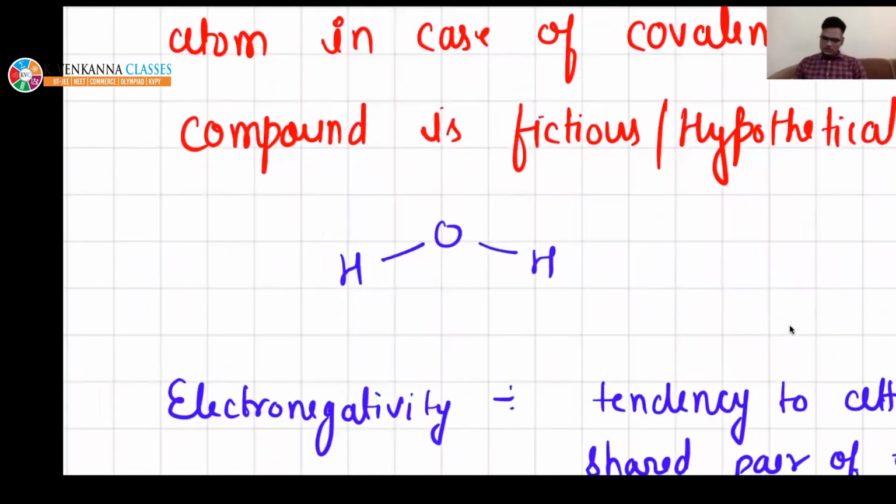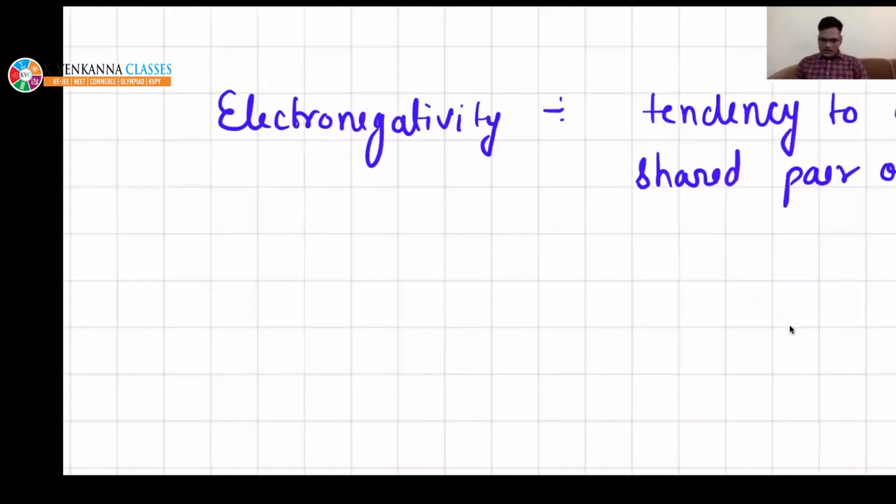In hydrogen, one hydrogen contributes one electron and another hydrogen contributes another electron, and a bond is formed when one electron from each atom comes closer. Generally, in molecules, these electrons lie in the middle.